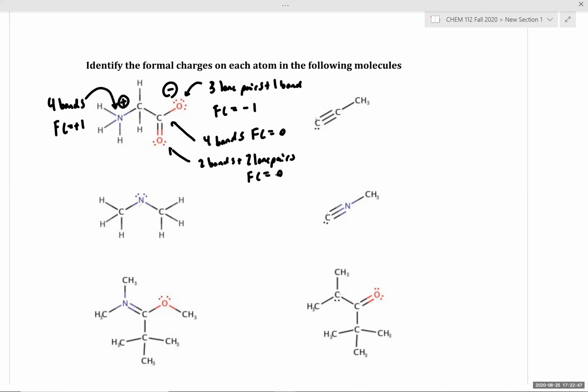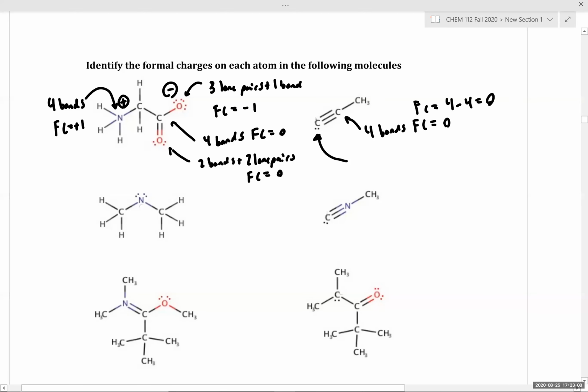Continuing on, looking at the structure on the right, we have a carbon that has 4 bonds. That would give us a predicted formal charge of 0. And you can justify this again by taking our group number minus 4 bonds, giving us a formal charge of 0. So, looking at this carbon on the left, we see we have 3 bonds plus 1 lone pair.